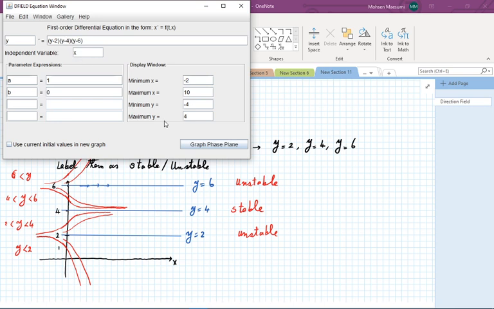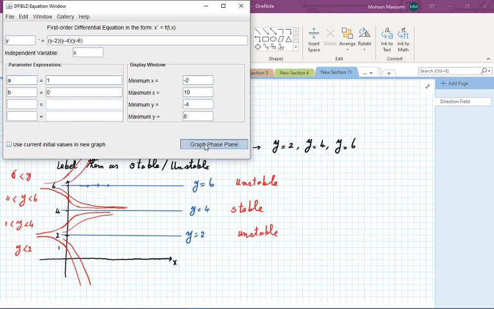I need to include y equal to 6 in my picture. This is not high enough, so I might as well go a little bit higher than 6. So maybe, for example, 8 is good. Now I go ahead and draw my picture. You choose your window so that it includes points of interest.